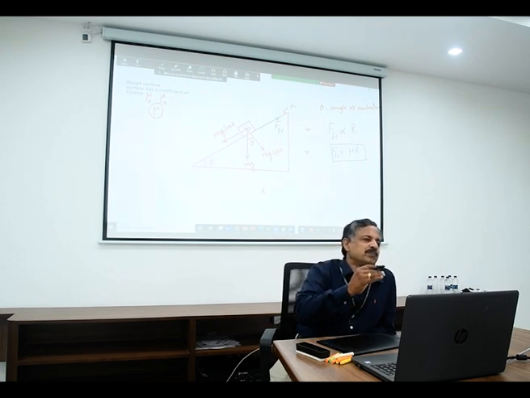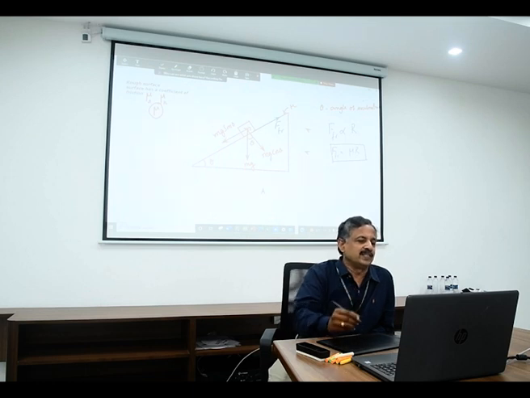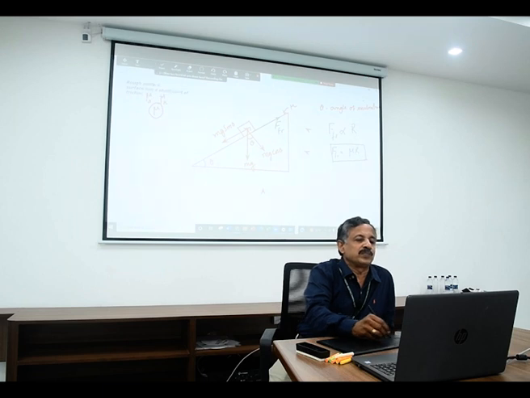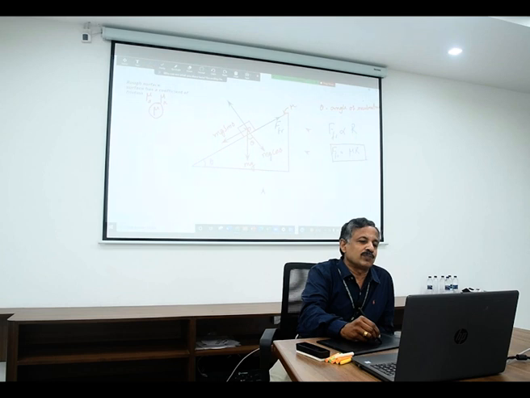It is always acting perpendicular to the surface and against the component which is acting due to gravity. And here I find the force which is perpendicular and against this one. So this is my normal reaction. Is it clear? This is my reaction, of course perpendicular, so I call it normal reaction. So this is the normal reaction R.